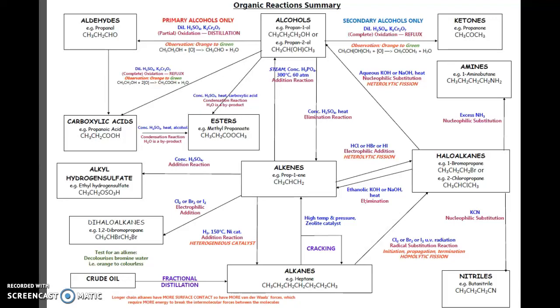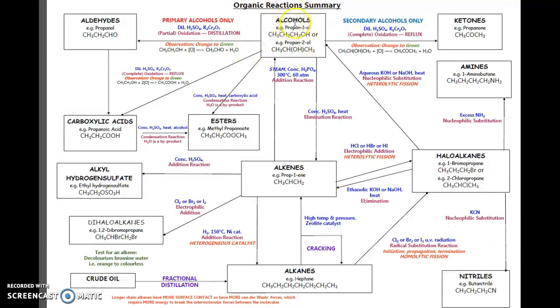Okay, this video is about organic reactions for AS chemistry. This picture here shows you all the organic chemistry reactions that you need to know for your AS exam. The most important parts really are the alkenes, going to haloalkanes or halogenoalkanes, to alkyl hydrogen sulfates, to alcohols, and how halogenoalkanes can be transferred into alcohols, to amines, to nitriles.